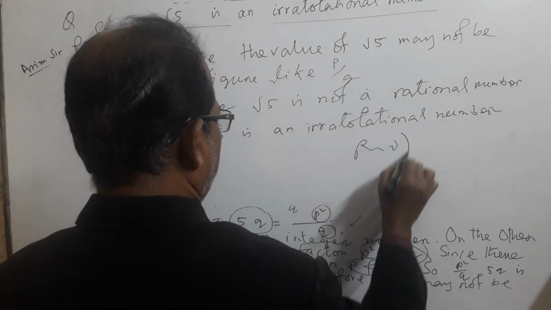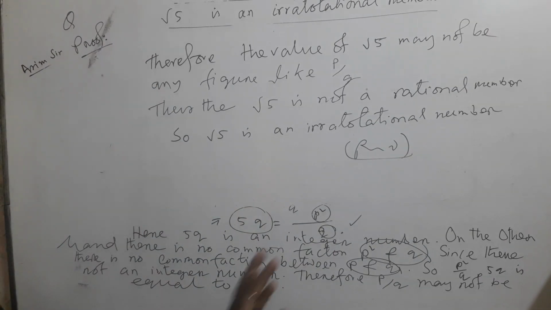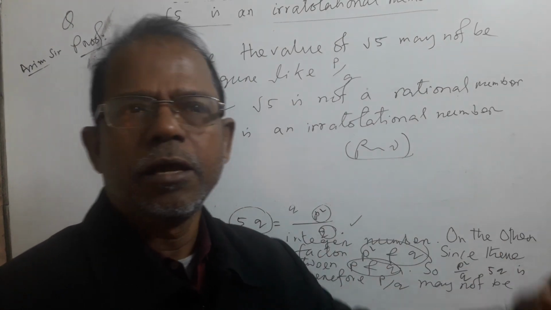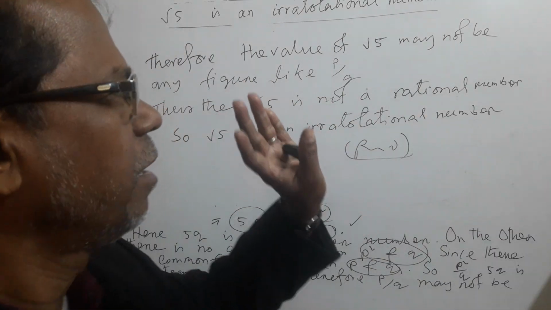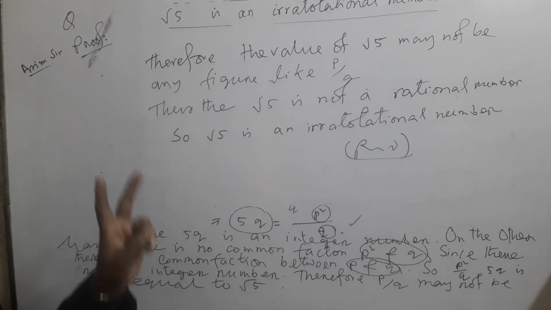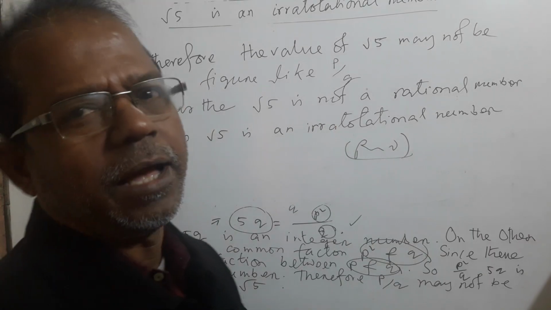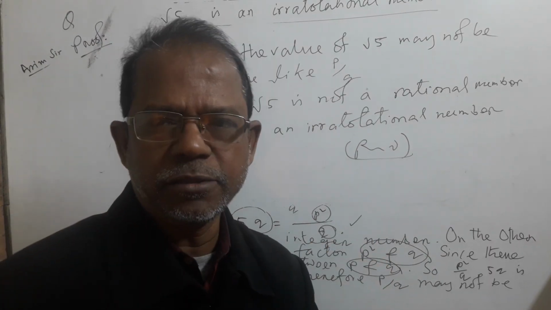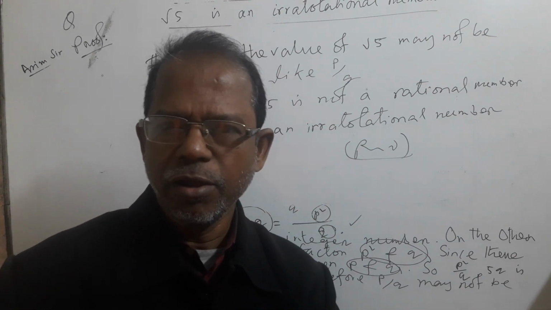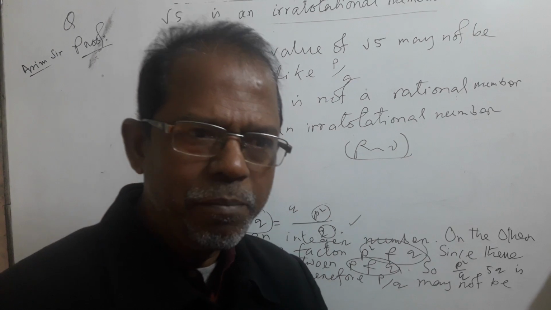So root 3 and root 5 are clear to all students now. These are the two processes you have to write, and you should practice them the same way.